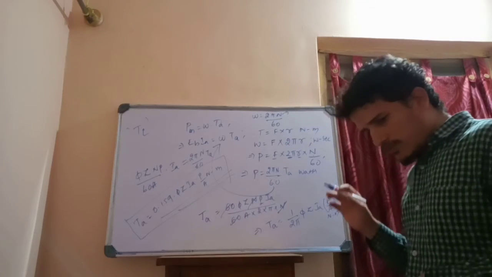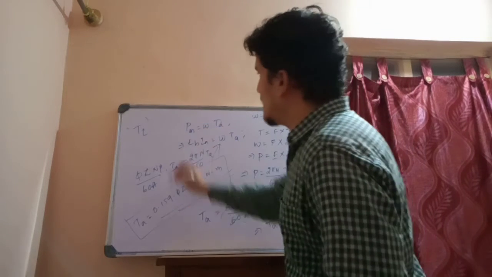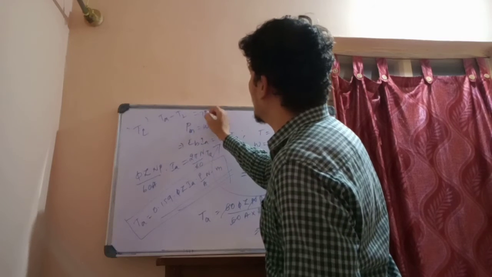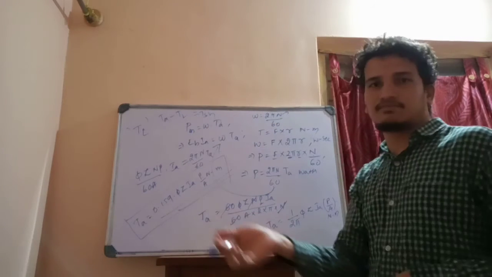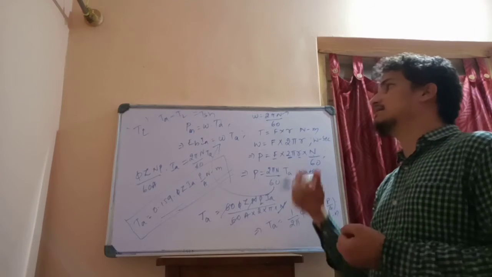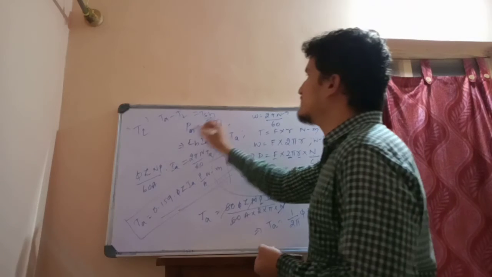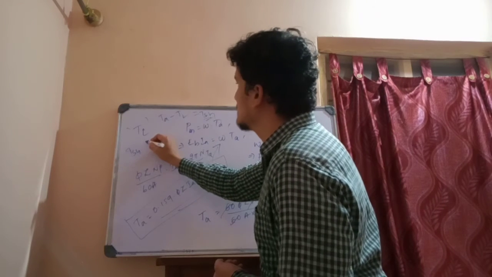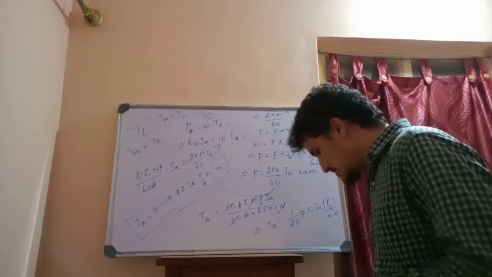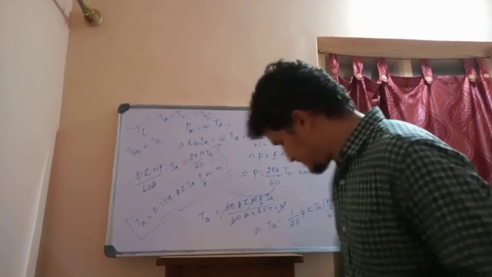So TA minus TL is the net available torque at the motor shaft, the mechanical torque available. So shaft torque is always less than the armature torque.